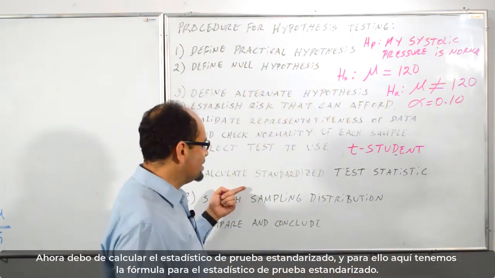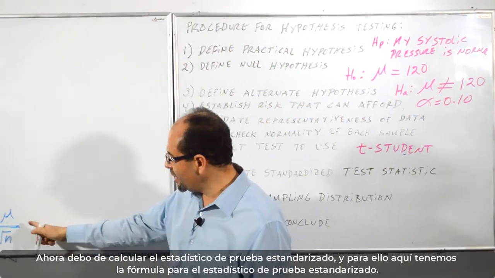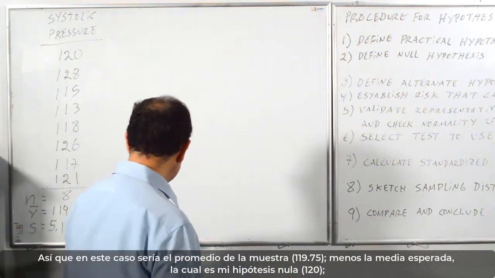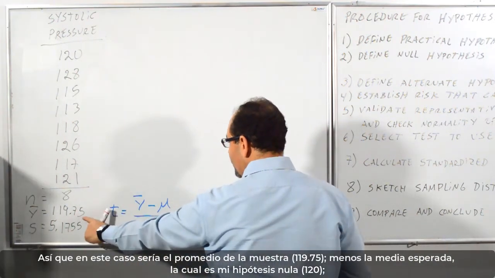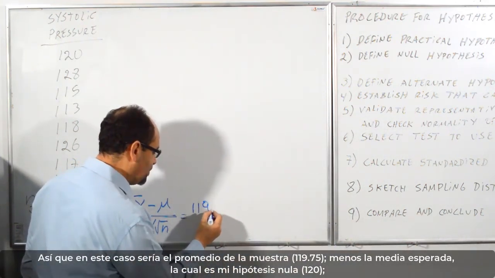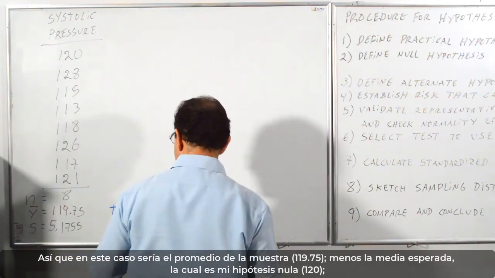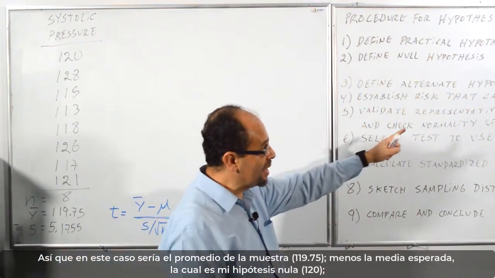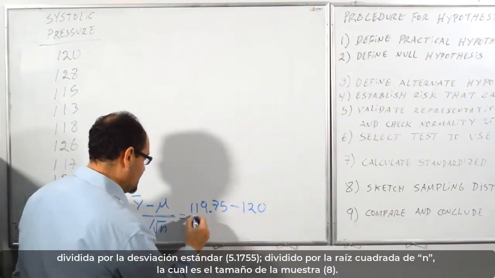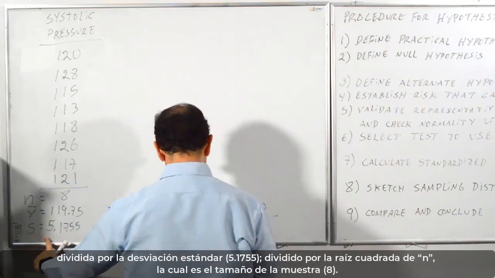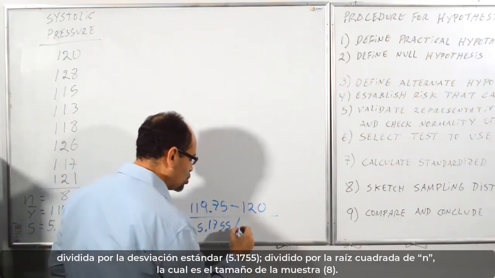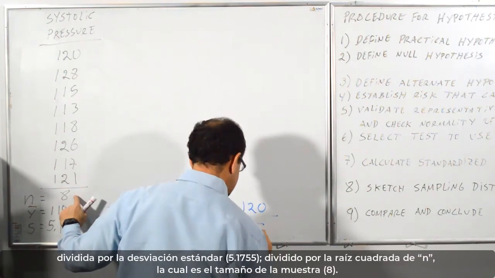Now I have to calculate the standardized test statistic, and here I have the formula. In this case, the average of the sample is 119.75, so it is 119.75 minus the expected mean, which is my null hypothesis, 120, divided by the standard deviation, 5.1755, divided by the square root of n. n is the sample size, which is 8.